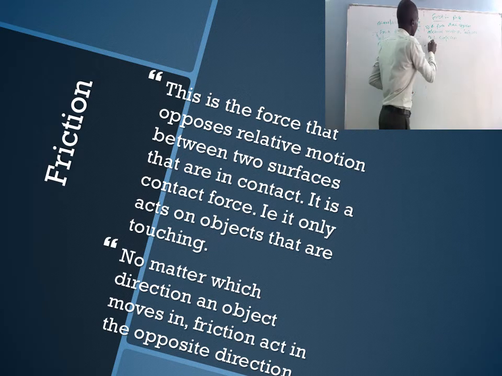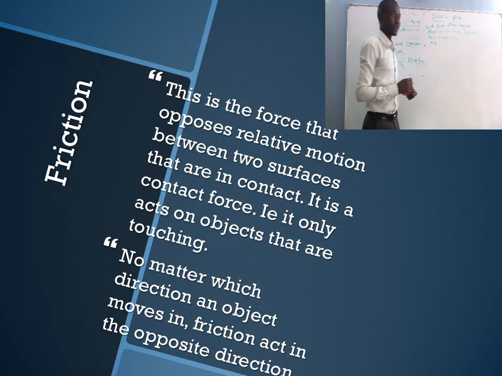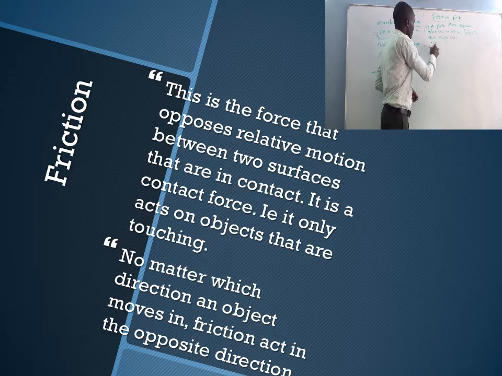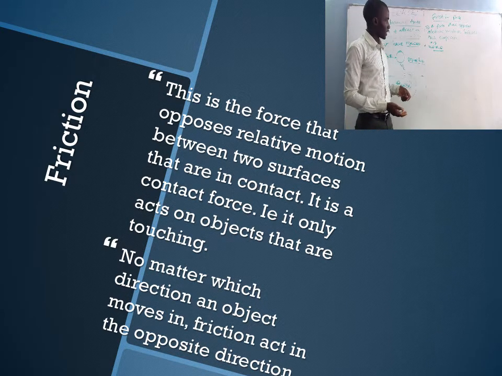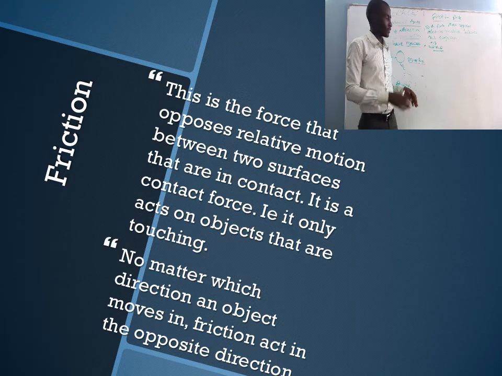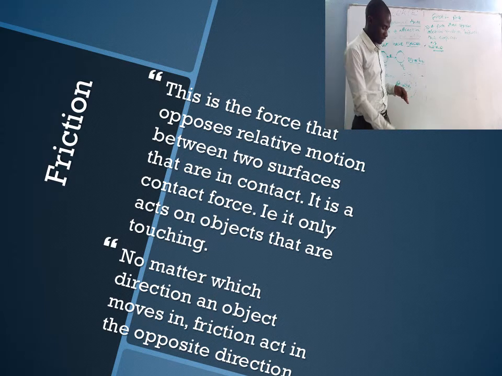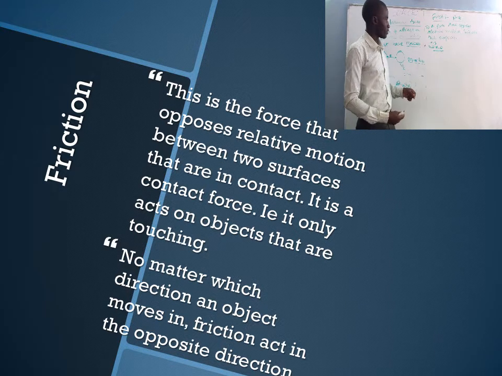For instance, if someone is walking, then you realize that the sole of his or her shoes, there is that surface and the ground. There is a contact between the shoes and the ground. So the ground tends to oppose the movement by this person.